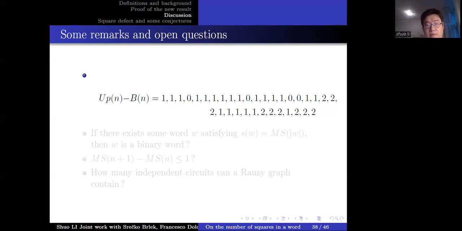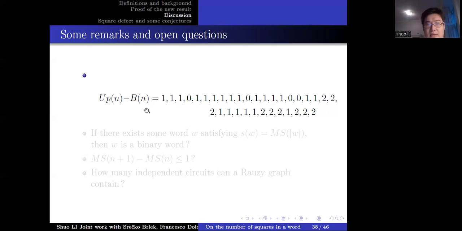So for the first terms, our new upper bound matches well with Bn, and if n is large, maybe there will be a gap between our new upper bound and Bn.